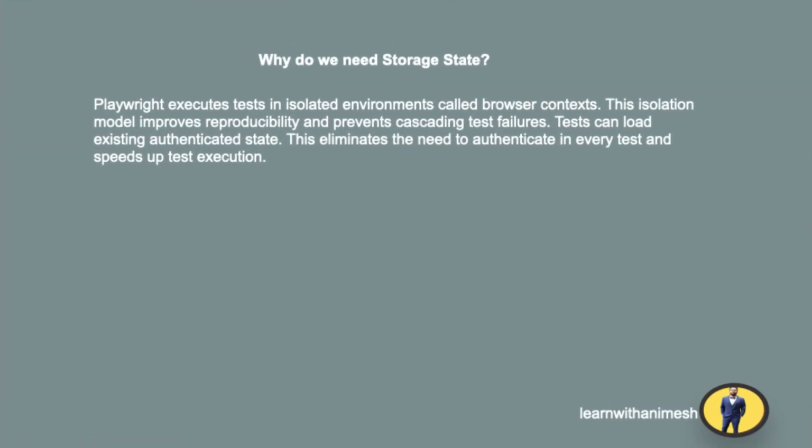If you remember my initial lectures where I explained how Playwright executes tests, Playwright executes tests in isolated browser contexts, and these contexts are isolated from each other. So you can manually inject your sign-in state without needing to sign in on some web pages.